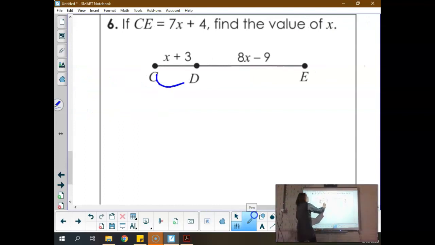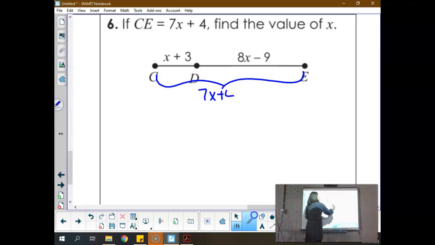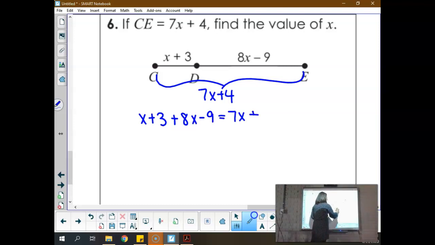I've got whole for CE, that is 7x plus 4. Part plus part equals whole. Solve for X. So, in the sake of me not boring you to death, let's keep going.